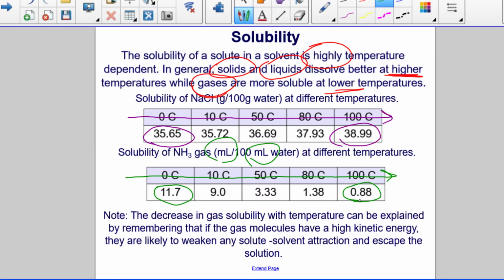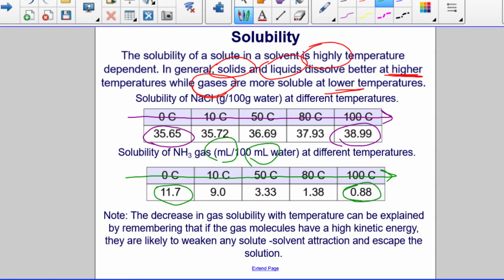Why is that? Why does the solubility of a gas decrease with temperature increase? It's because remember that if the gas molecules have high kinetic energy, or in other words, high temperature, they're likely to weaken any solute-solvent attraction, and then they just escape the solution entirely.